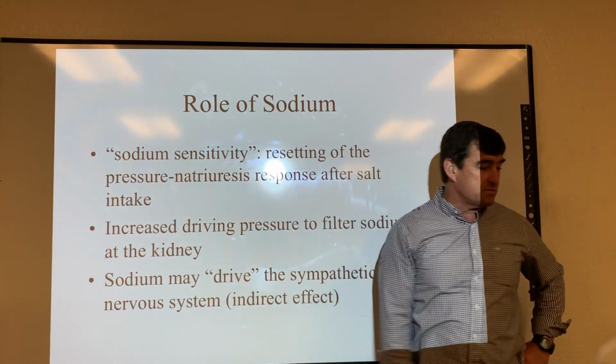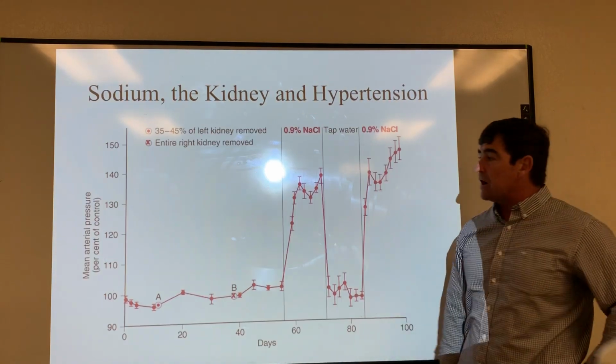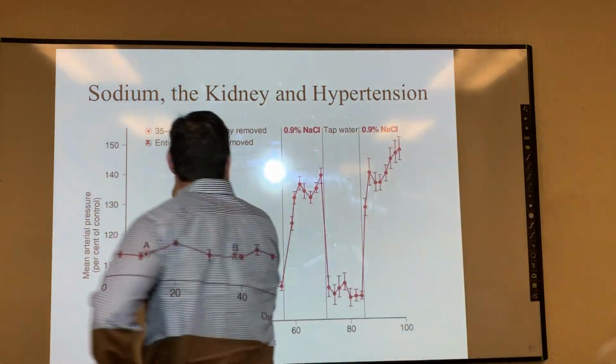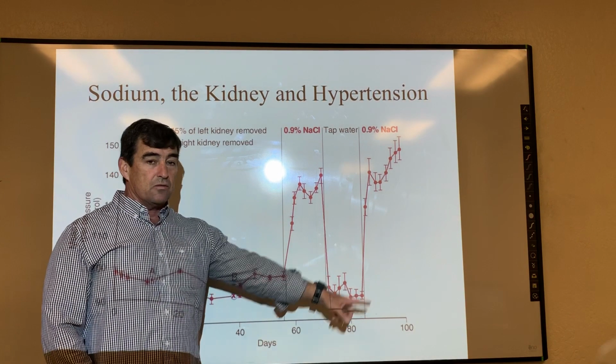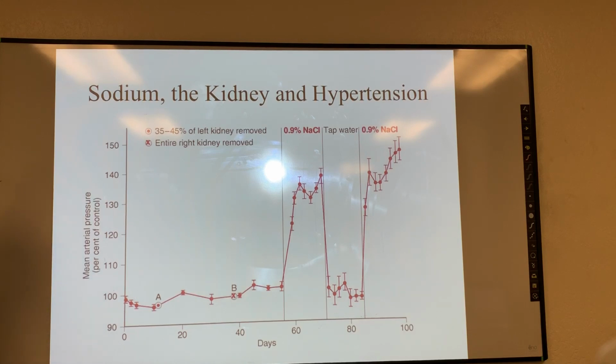To illustrate the sodium sensitivity, I want to show you guys a paradigm here that has oftentimes been used to illustrate this phenomenon. So what you see graphed here is the blood pressure of a series of different animals. In this experiment, they used rats, and they're monitoring their blood pressure over about 3 months. This is mean arterial pressure.